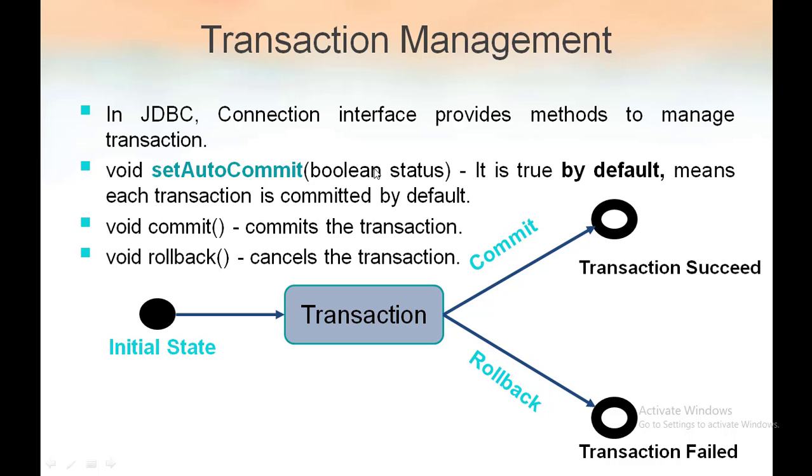It is true by default, as I said, meaning each transaction is committed by default. Next method is void commit, which is used to commit the transaction. Void rollback is used to roll back, that is, cancel the transaction. So in this unit we are learning about two methods of transaction, commit and rollback.